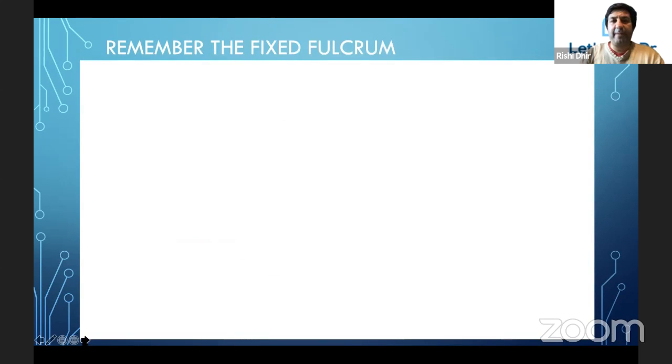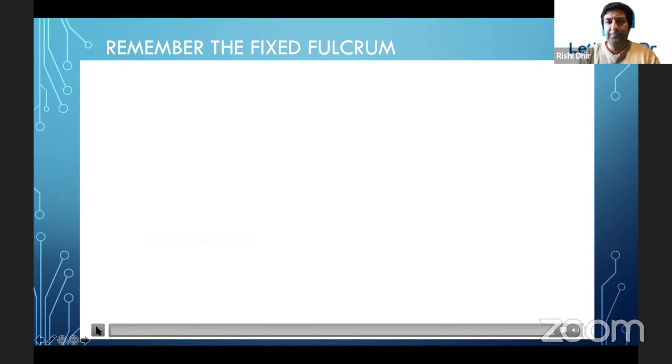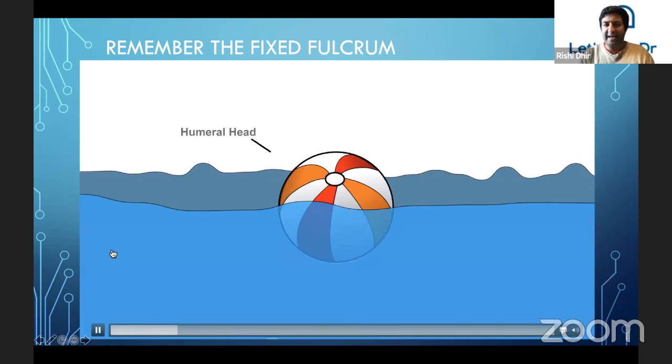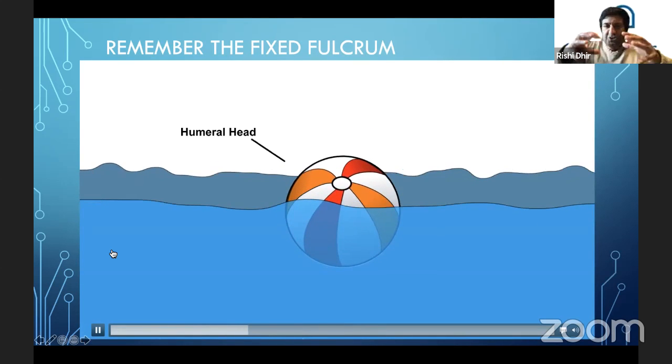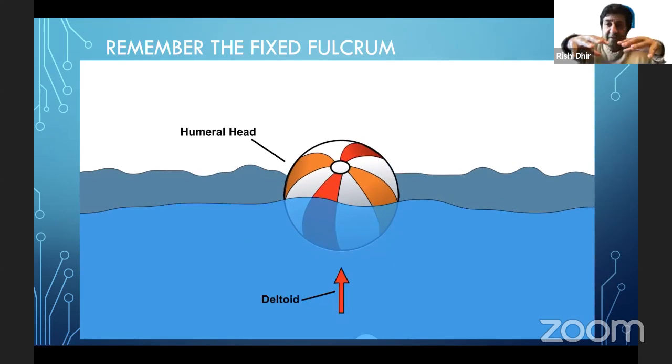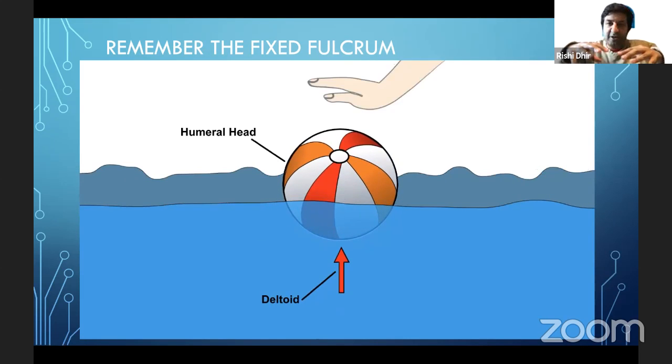The other way that I remember it is, why do you have these couples? Essentially what you're trying to do, especially with the supraspinatus, is you're trying to create a fixed fulcrum, which is a fixed point on which the deltoid can operate. So I liken it as if you're at the beach, and let's say you've got a beach ball, which represents the humeral head. You're trying to keep the ball just underneath the water with your fingers, which represent the supraspinatus.